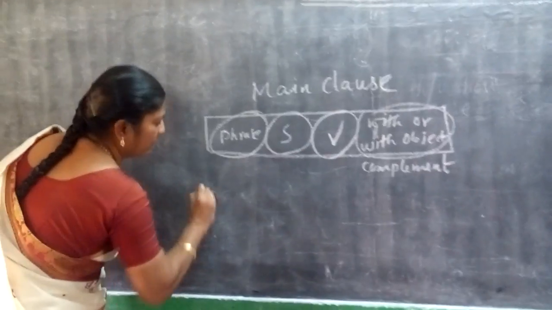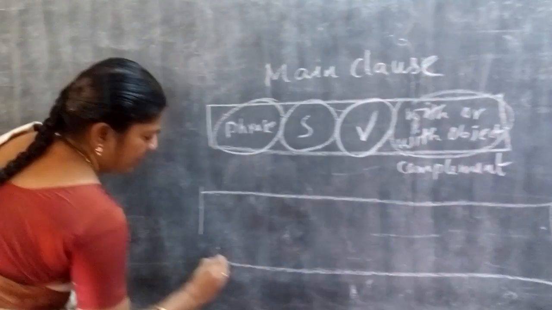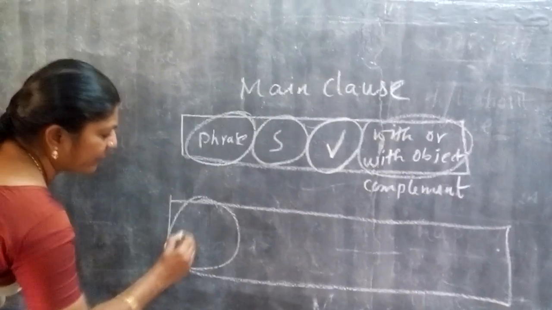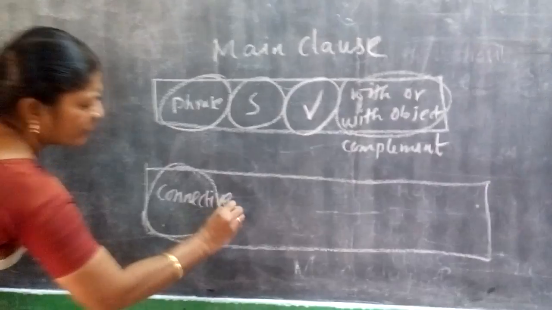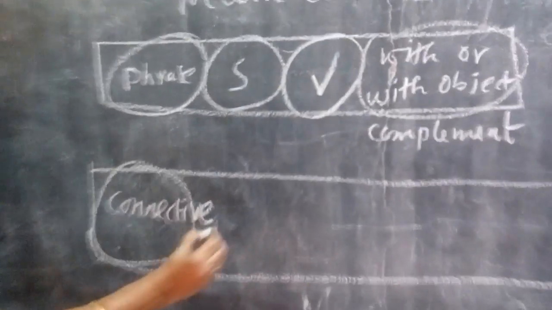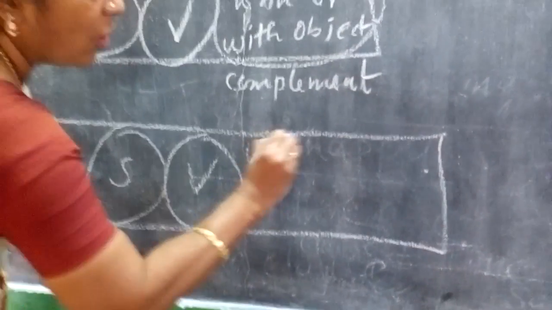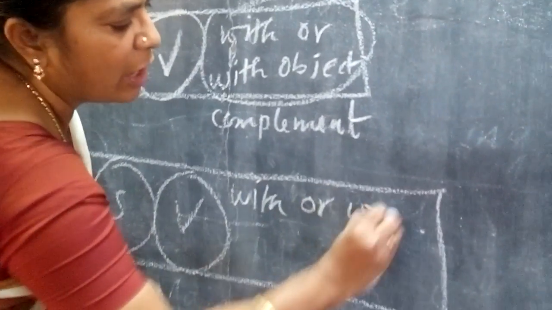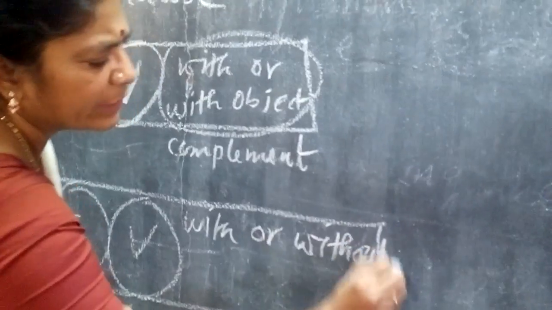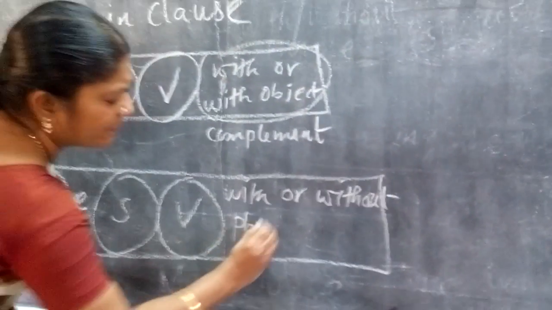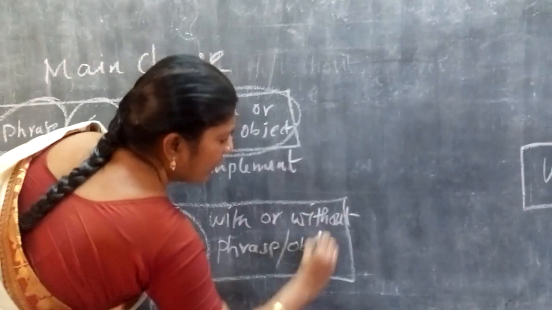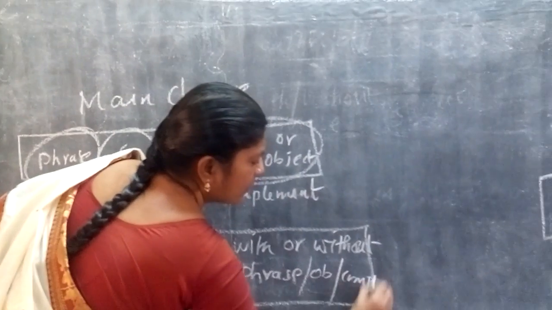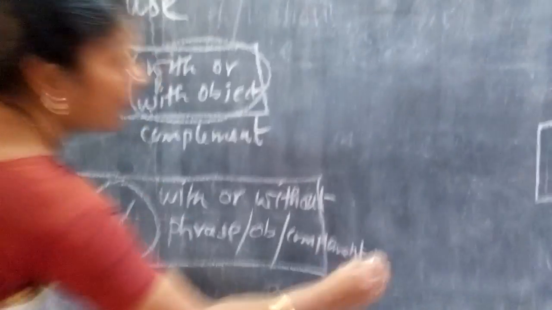Then the subordinate structure is connective. All subordinate classes start with a connective, that is, a subordinate conjunction. Connective, subject, verb, again with or without phrase, or object or complement. This is the structure for the subordinate class.